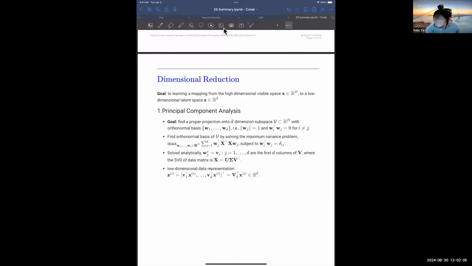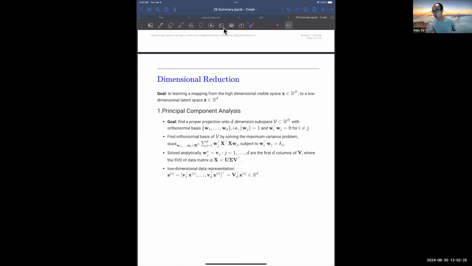The key here is we want to solve an optimization problem. We try to find the orthonormal basis of this subspace V by solving a maximum variance problem.